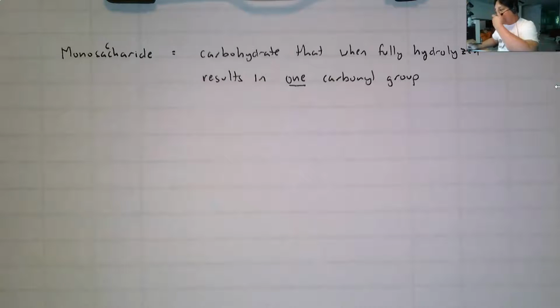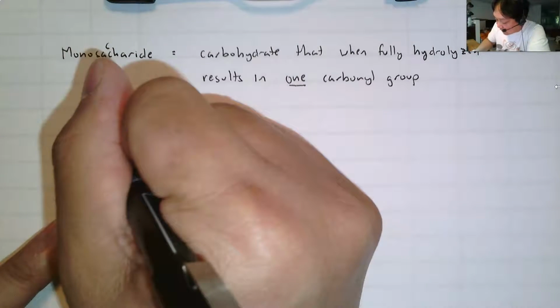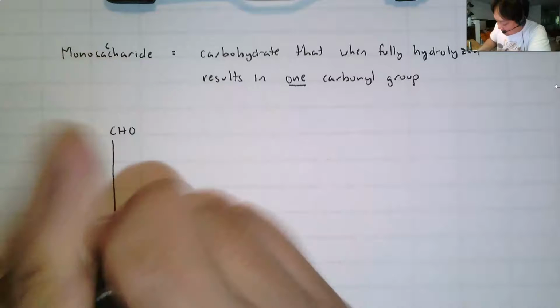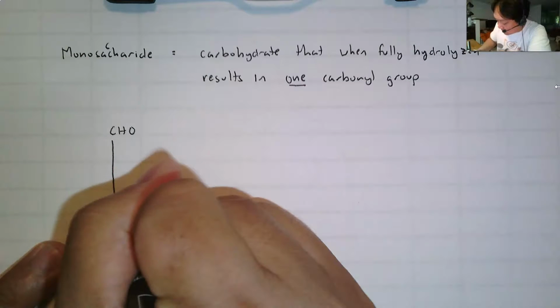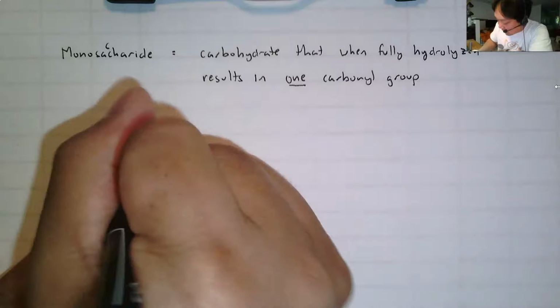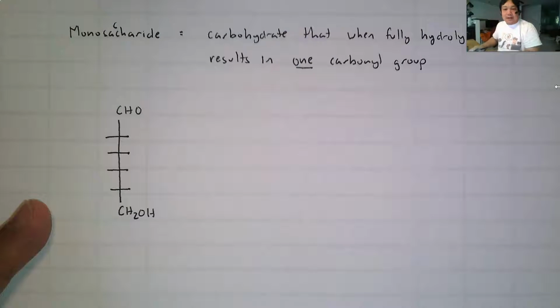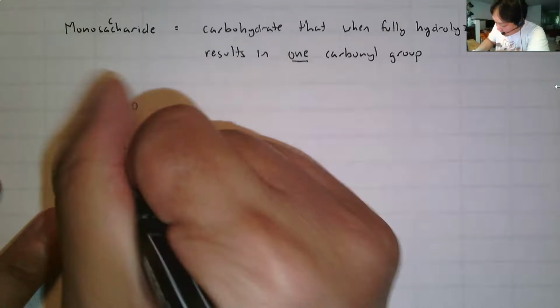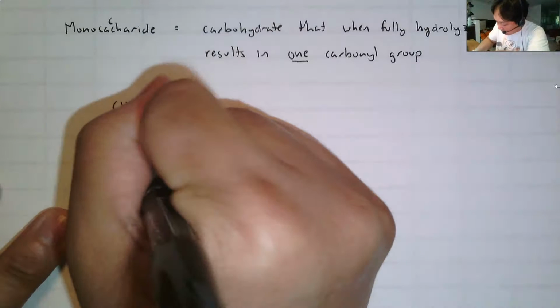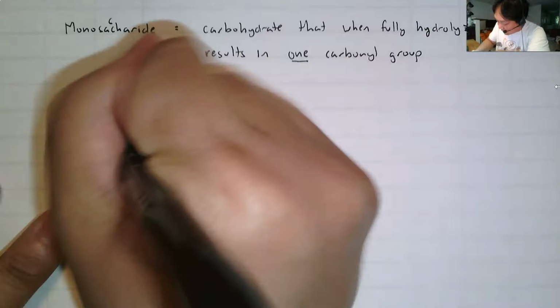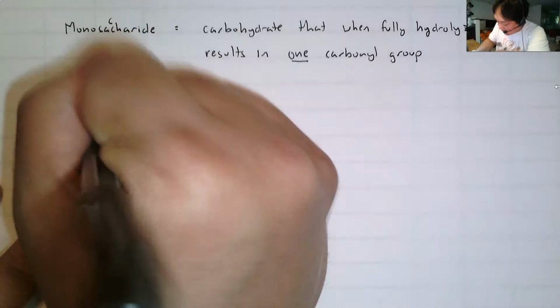Okay. Let's go back to glucose, because I think it's important that you be able to assign R and S to every chiral carbon. So we're practicing drawing glucose again. Right, right, left, right, right, right, left, right.